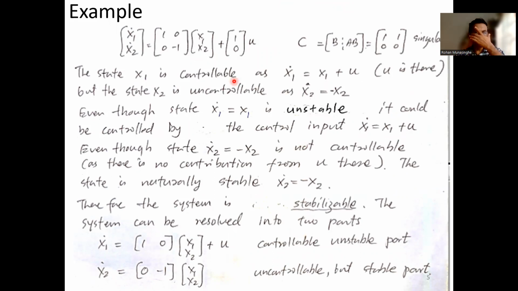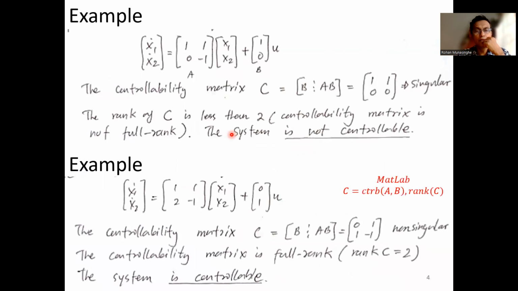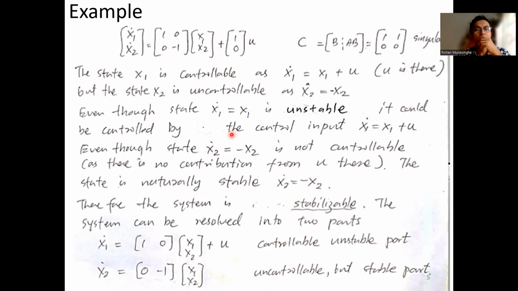Let's check another one. What about this? It's another second order system, but a different system matrix. This is in fact the first system again.